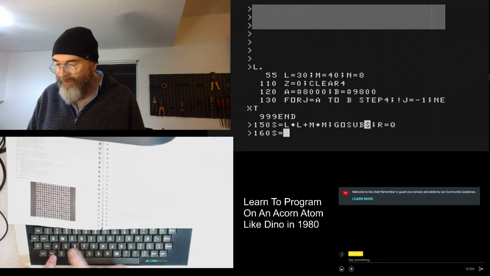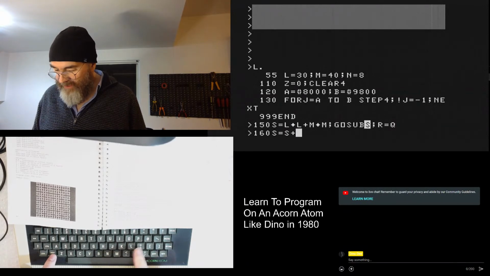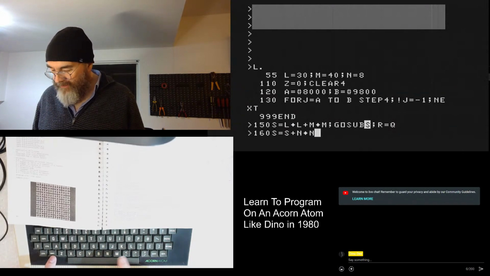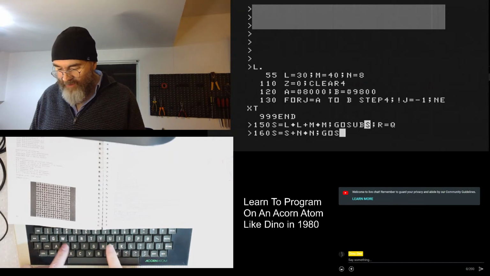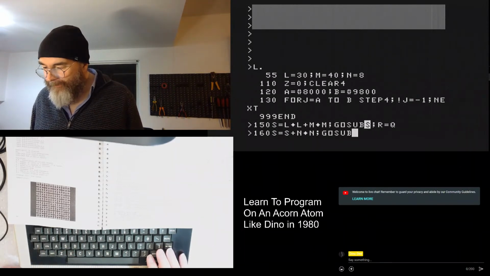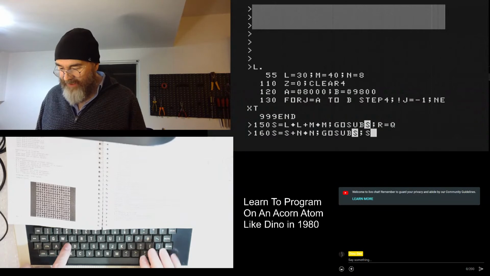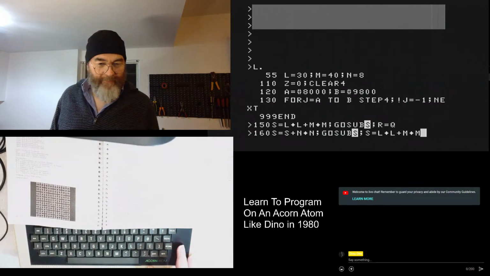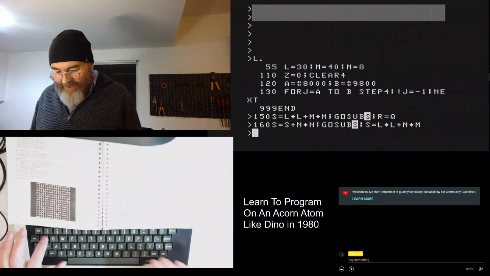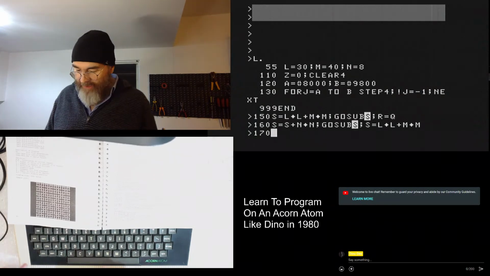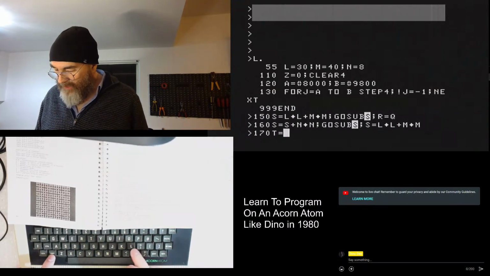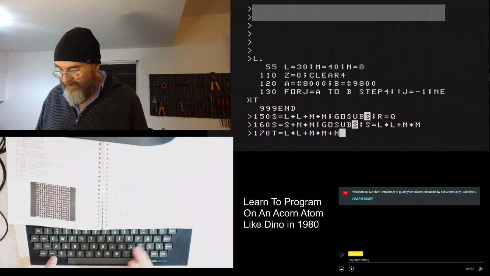S equals S plus N times N, go sub S, and now we do S equals L times L plus M times M. 170, T equals L times L plus M times M plus N times N.